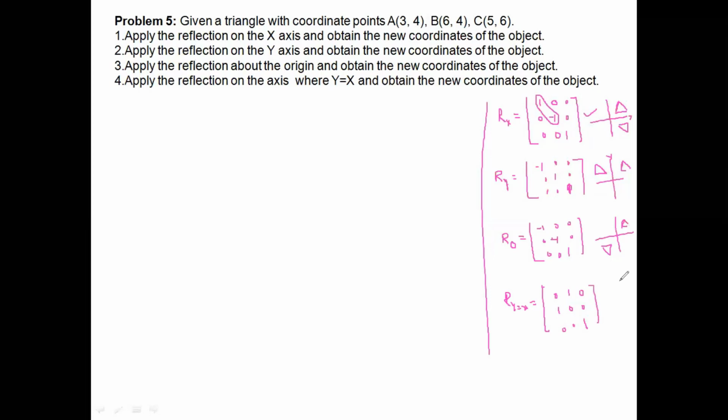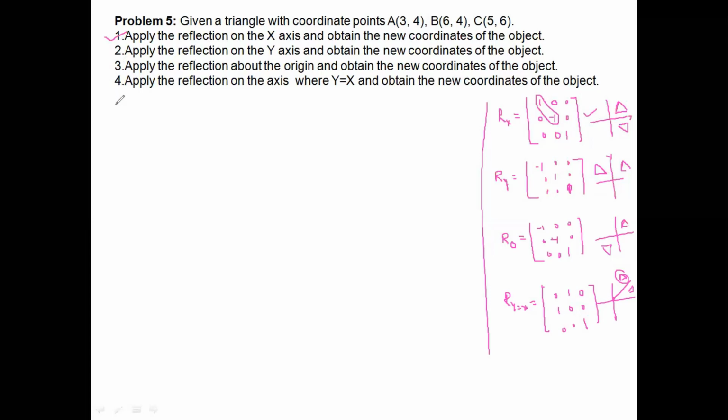So the reflection will take place when y is equal to x, here for example. So the object will be drawn over here, and the y and x values will get interchanged in this.